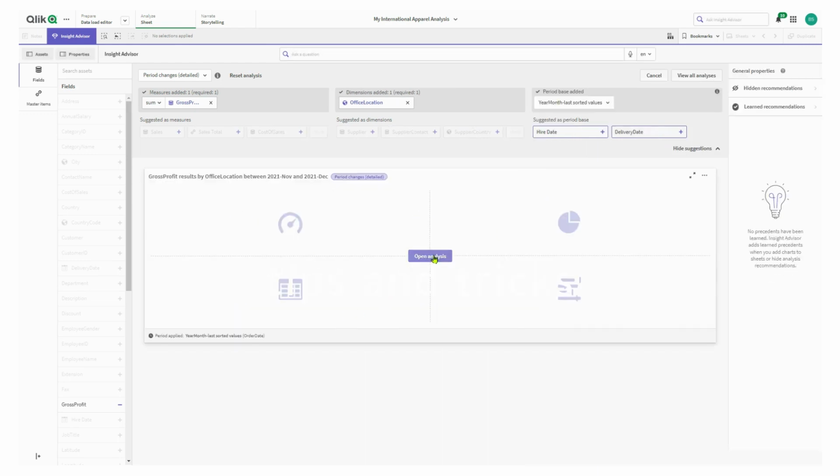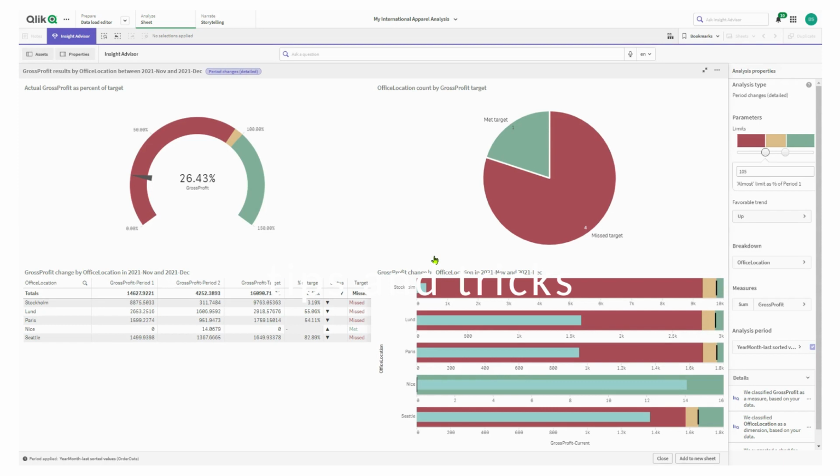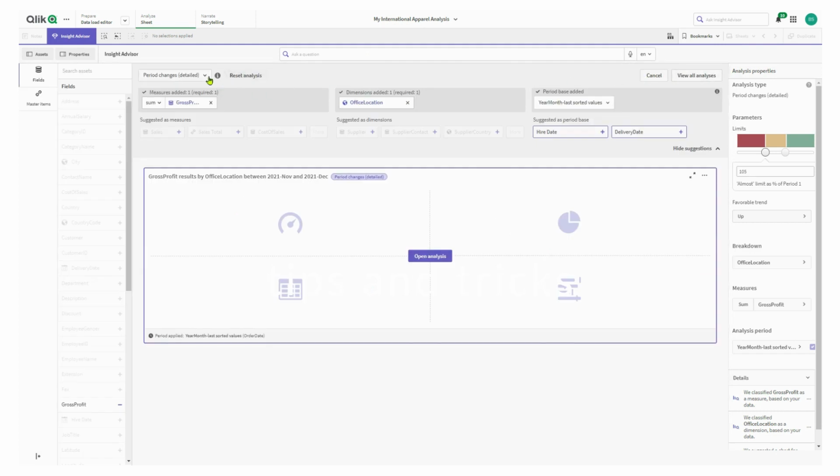And so when we open this analysis, we can see down the bottom here, in the bullet chart, which of the offices is getting close to good performance. And we'll see a lot of red there, and we'll see Nice is quite high. Nice had quite small sales the period before and has done very well in the December period.